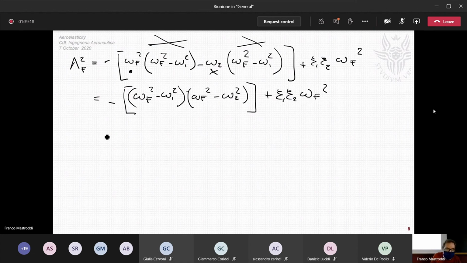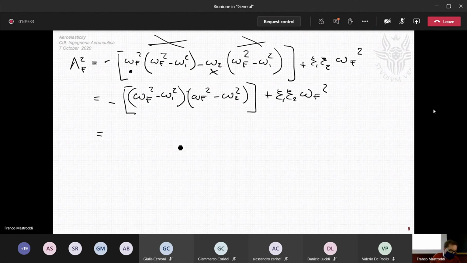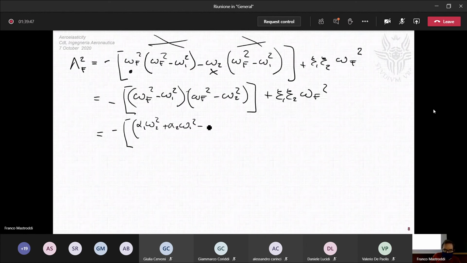Omega flutter is the term here. Omega flutter is this. So substitute this value for omega flutter, and we have minus. Here we have alpha 1 omega 2 square plus alpha 2 omega 1 square minus omega 1 square.